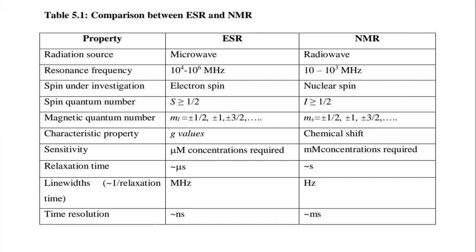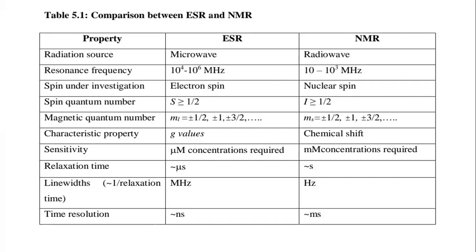The characteristic property measured in ESR spectroscopy is the g value, and in NMR, the chemical shift value, indicated by the letter delta, in parts per million, that is, delta ppm.